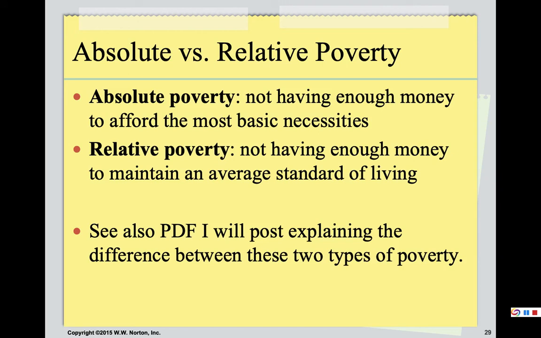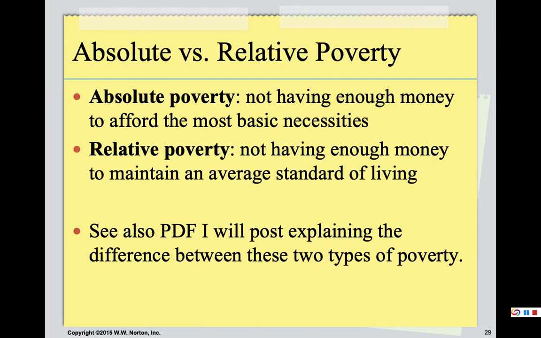The United States uses an absolute measure of poverty. Technically, what we mean by this is not having enough money to afford basic necessities of food, clothing, shelter, healthcare, etc. How we measure this is based on a 50-year-old calculation that I'm going to go into in the PDF too.